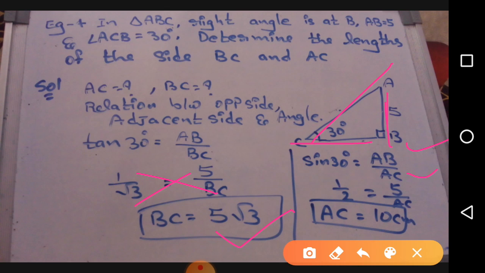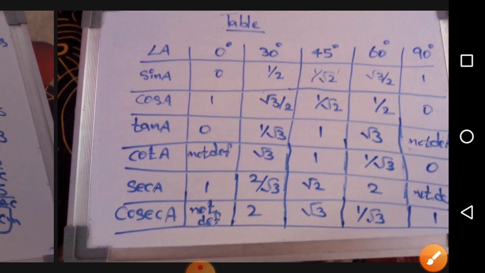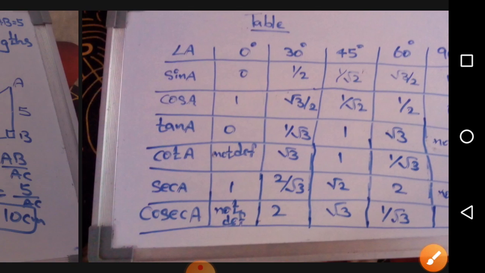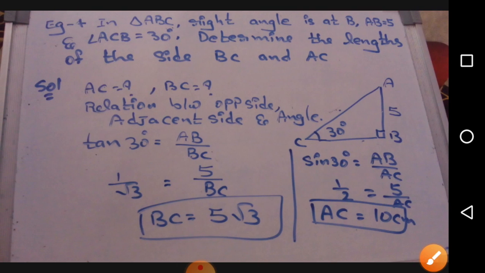Thus 5 by AC, as we don't know this side, and sine 30, if you refer to the table, is 1 by 2. Thus 1 by 2 equals 5 by AC, and if you cross multiply, AC equals 10 centimeter. Sorry, I have not written the units here, it is centimeter.